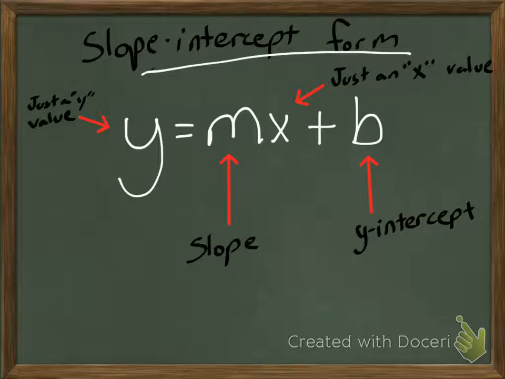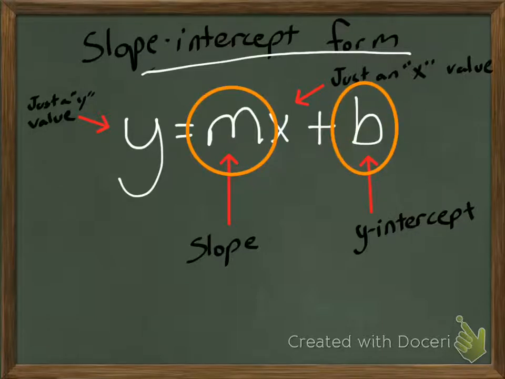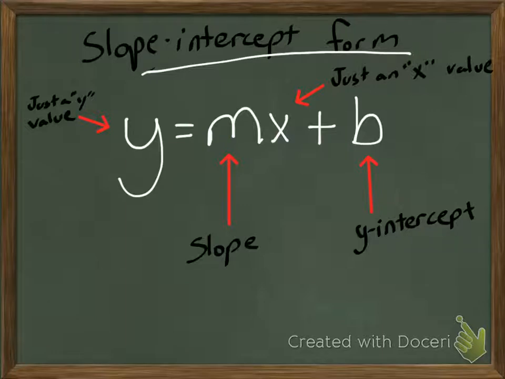The reason why it's called slope-intercept form is also because there's a slope and the y-intercept. So slope-intercept form. Now, I've already drawn some arrows, so make sure you jot those down. The y is just y values, and the x are just x values. They're like the ordered pairs on the graph. B stands for the y-intercept. M stands for slope.